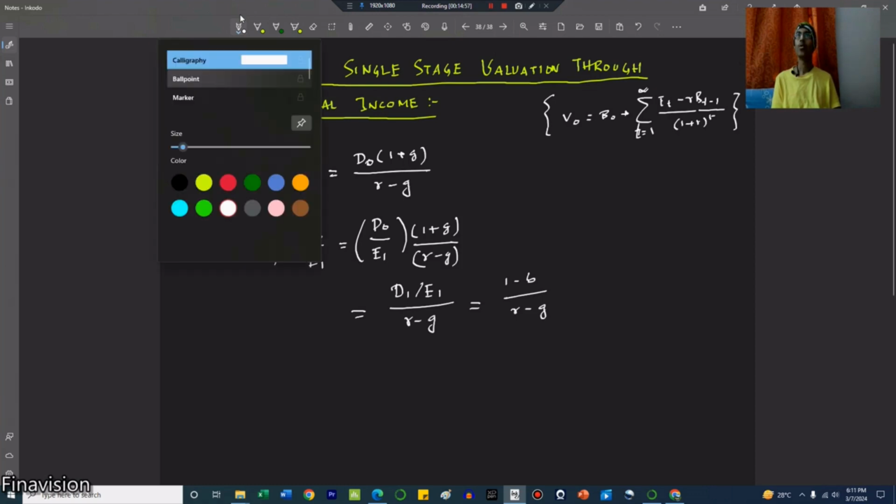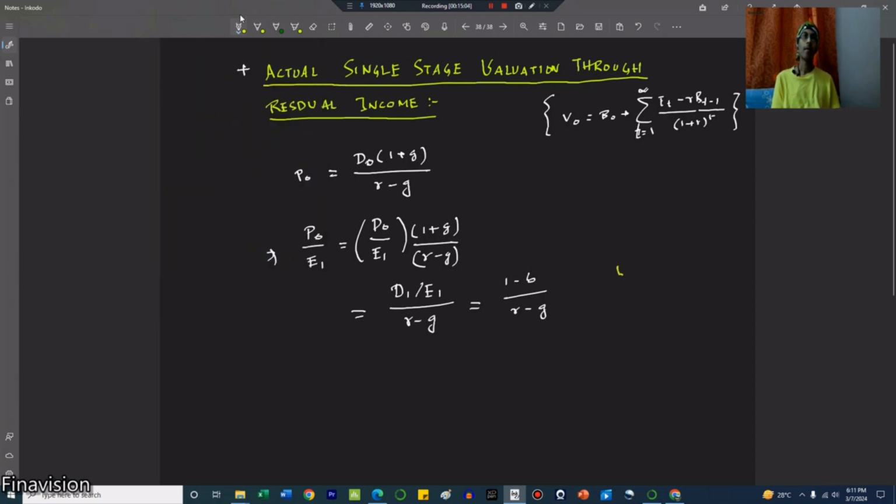Now we already know the expression for g in terms of return on equity, right? The sustainable growth rate g is equal to b into ROE, where b is the retention ratio.